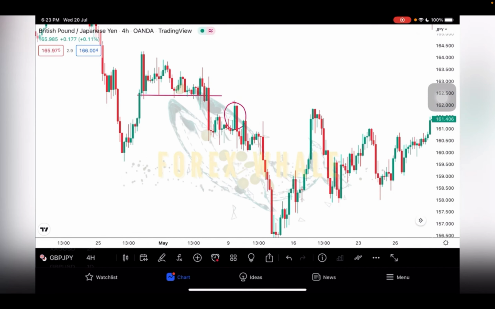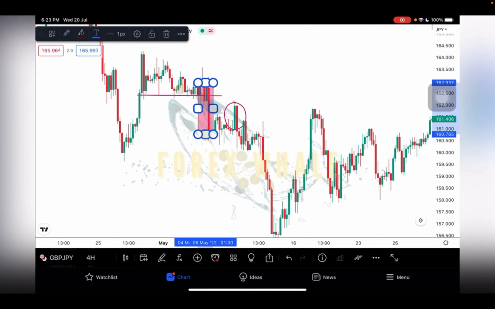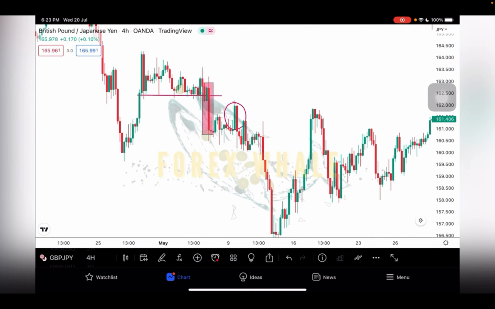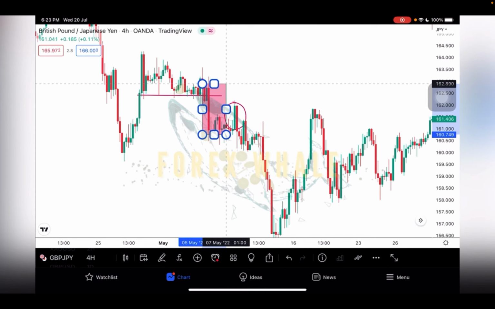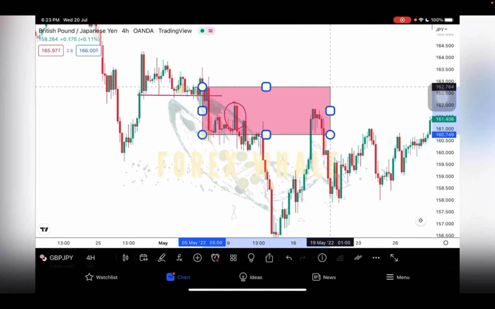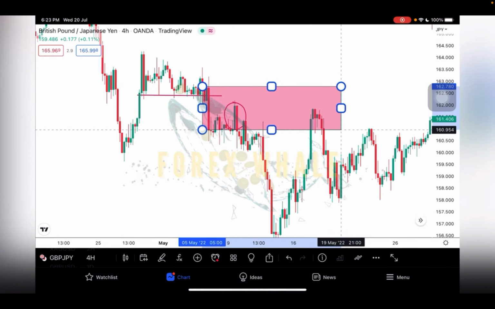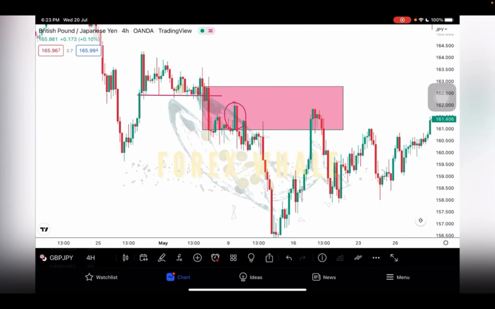You can also label that as your zone. It did not just break one candlestick, but it broke 2 candlesticks. So the whole bearish engulfing candlestick is your zone.